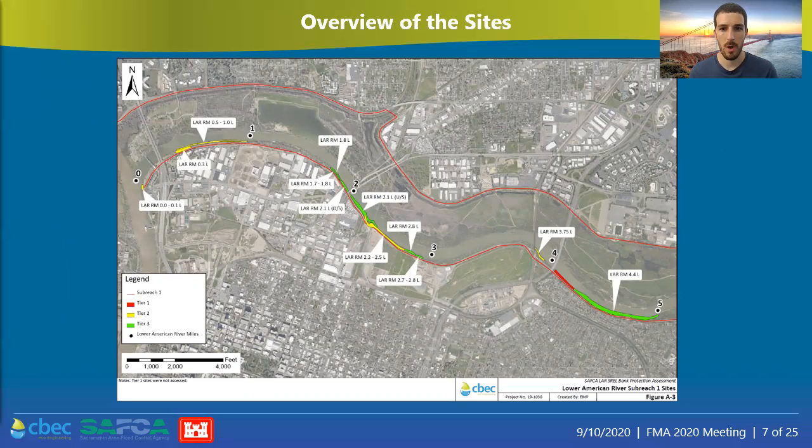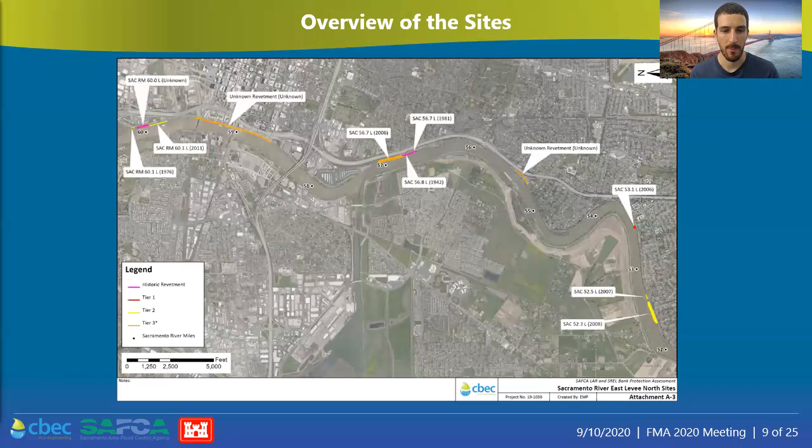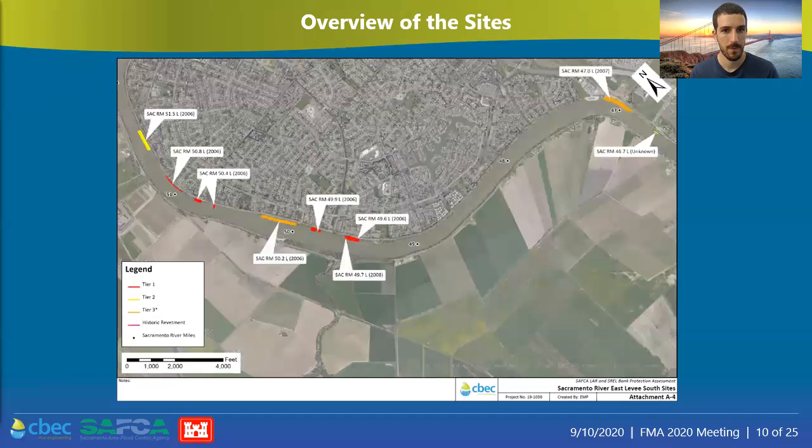Here's just a quick overview of the sites, just to get an understanding of the spatial extent and number of sites. So this is the lower end of the Lower American River, and the sites here are largely bank repair sites that were built post flood erosion after certain events like the 1986, 1997 event, etc. Here's a view of the sites on the upper portion of the Lower American River, and then the upper portion of the Sacramento River East Levee, and the lower portion of the Sacramento River East Levee.